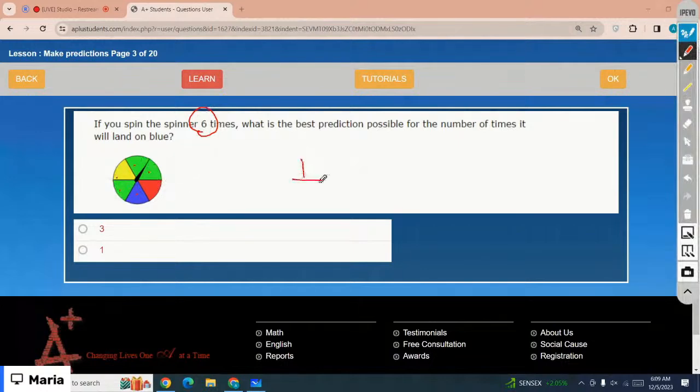So the probability is 1 by 6. Because you spin the spinner 6 times, you multiply it by 6. The correct option is 1. Out of 6, only one time it will land on blue.